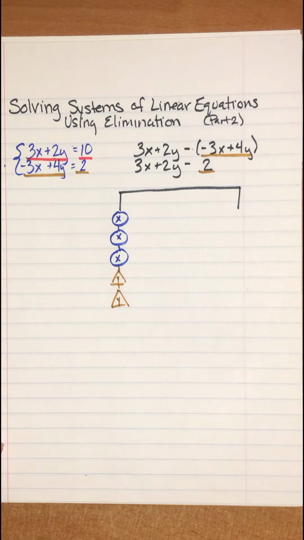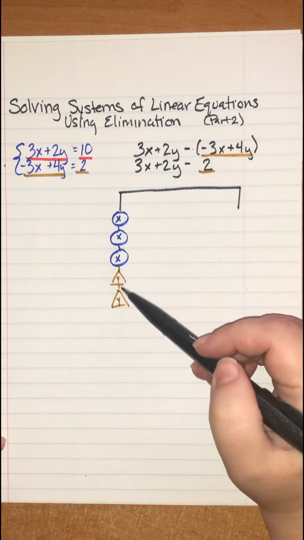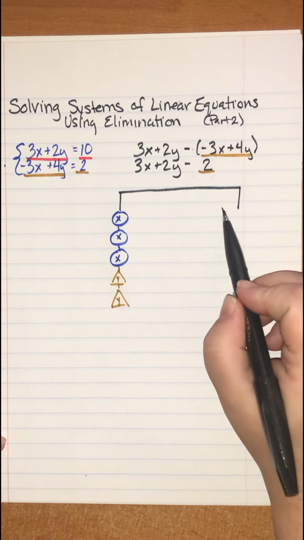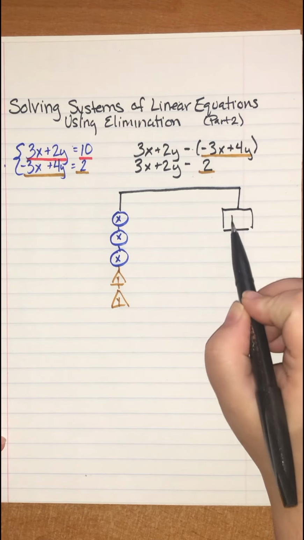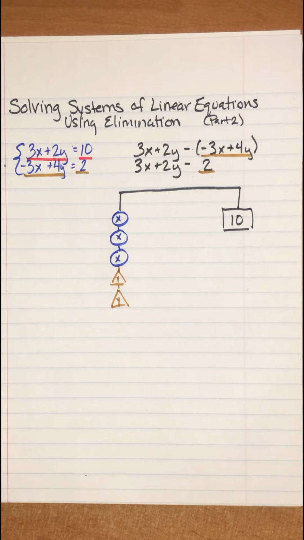And what I'm saying is that you need all of these to balance out this 10 because these things are equivalent.